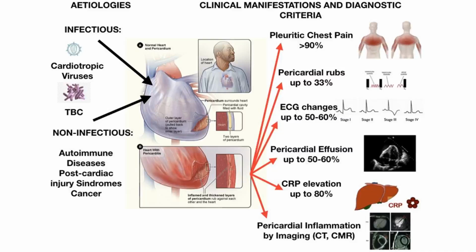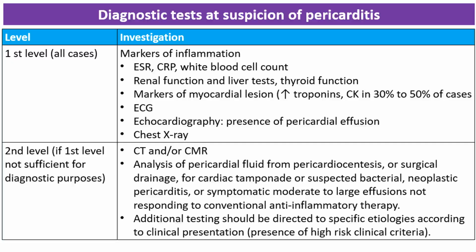Additionally, cardiac enzymes such as troponin may be elevated if there is myocardial involvement. Cardiac troponin levels are elevated in 30% to 50% of cases due to epicardial inflammation rather than myocyte necrosis. In some cases, specific tests for autoimmune markers are conducted if an autoimmune etiology is suspected.